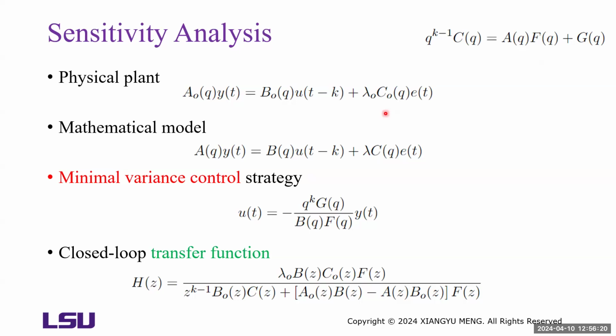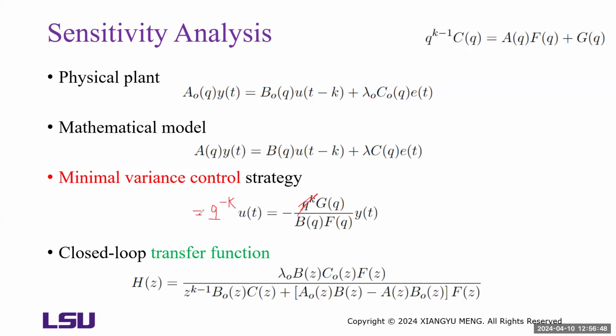Okay. Now let's find the closed loop transfer function, to see what will happen if we use this controller to control this physical plant. So let's introduce this controller into the physical plant. First let's multiply by Q negative K on both sides of the equation. So this is gone.